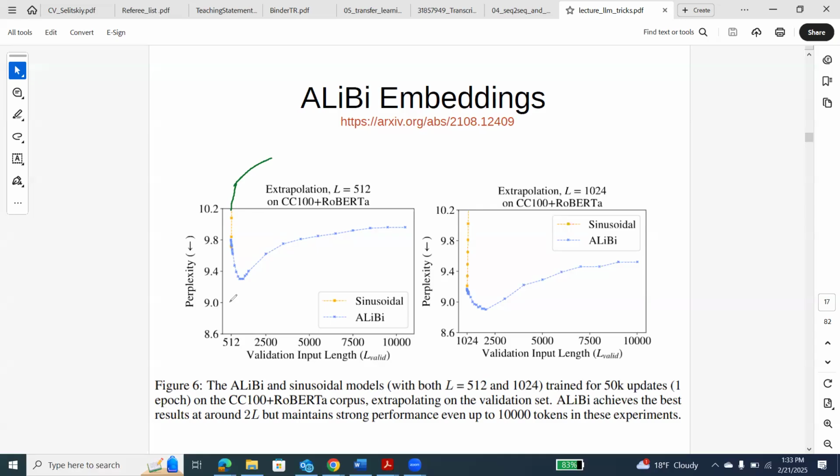But if we use these ALiBi linear bias embeddings, then even for very long input sequences, it will perform well. That's why they're used in modern language models. Somehow they are stable for longer input sequences, even though they were not trained on this size of inputs.